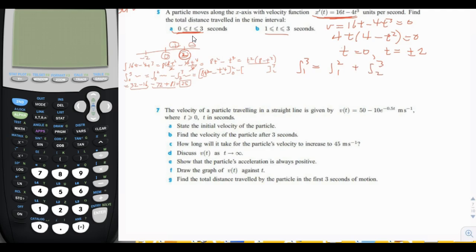Because the 1 through 2 integral is positive, the 2 through 3 integral is negative. So we need to put a negative here too, to negative the negative and make it positive, because we want the absolute value of everything. So when we do this, we are going to have the exact same inside as we did before, 8t squared minus t to the 4th, evaluated from 1 to 2, minus 8t squared minus t to the 4th, evaluated from 2 to 3.